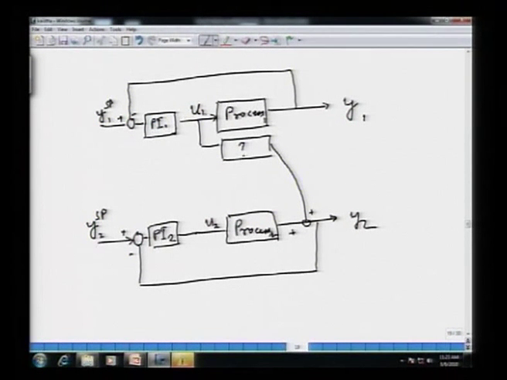When I move input 1, not only is y1 affected, y2 is also affected. Similarly, if I do not look at the controllers, I just look at u2, if I move u2, not only does y2 get affected, y1 also gets affected.